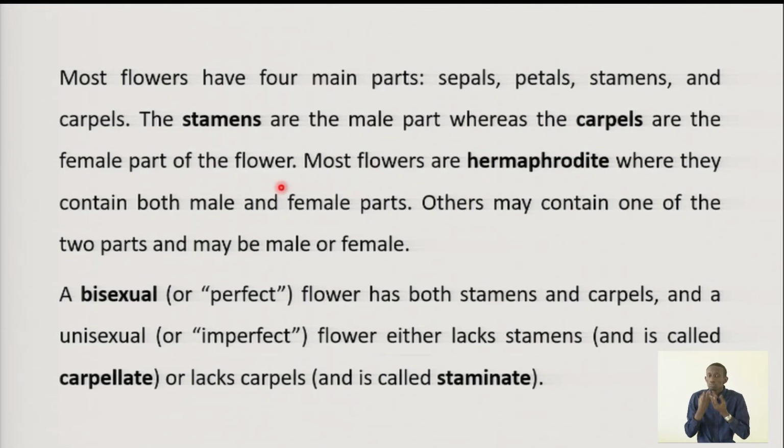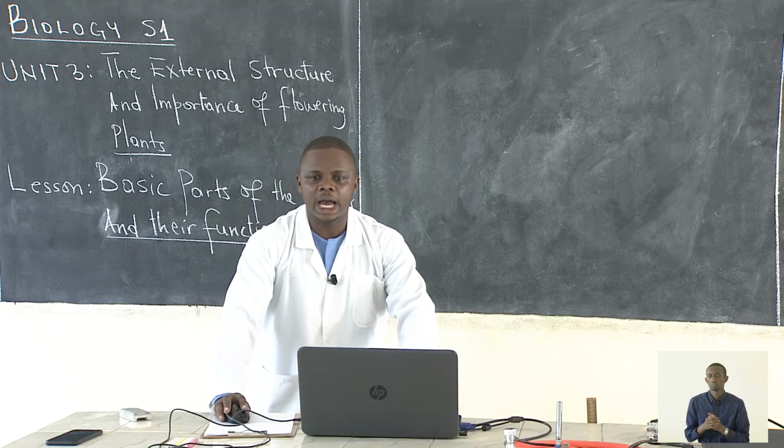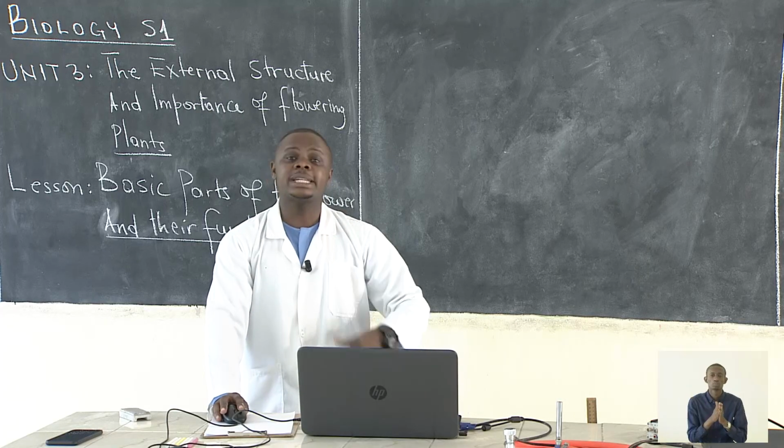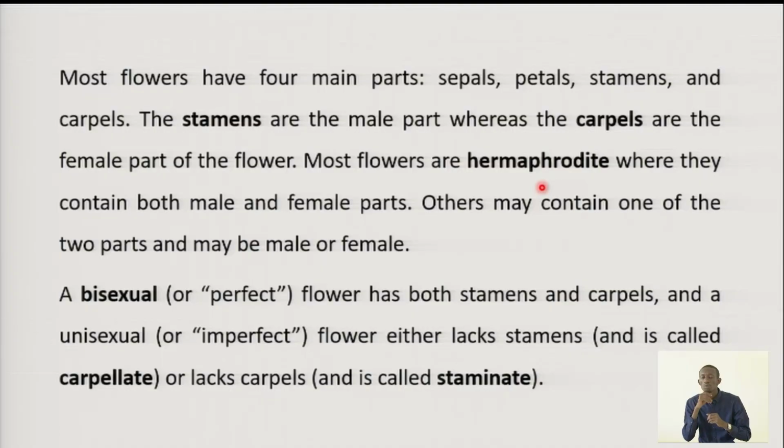And then the flower which has both male and female reproductive organs, we call it hermaphrodite because it has male parts and female parts. Others may contain one of them, male parts or female parts.